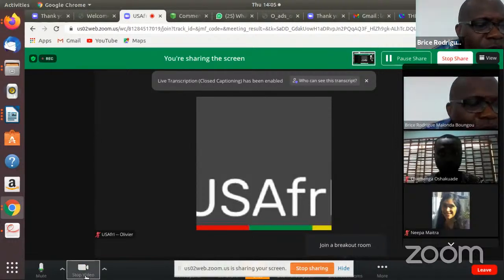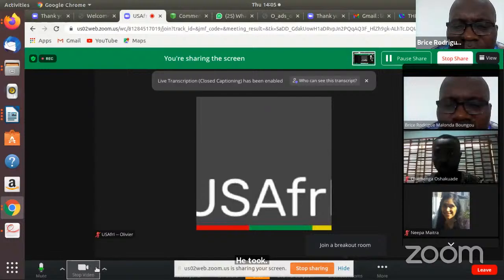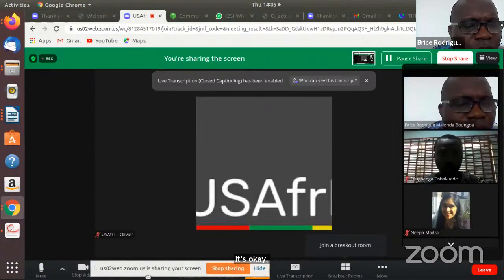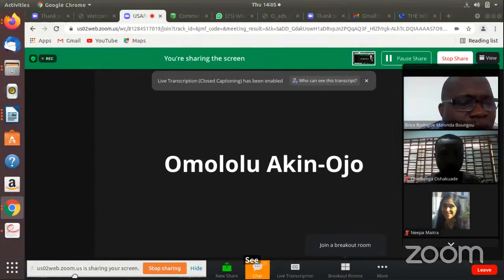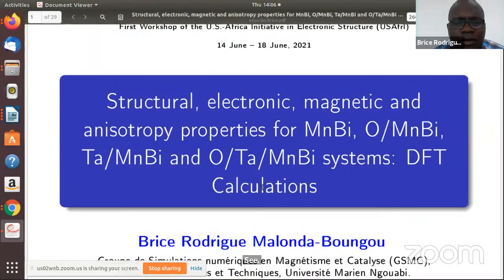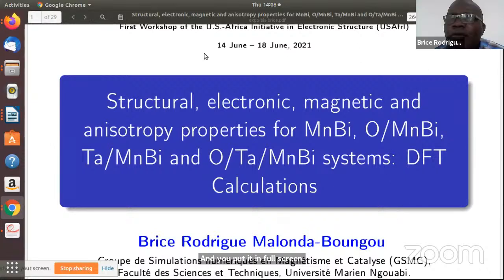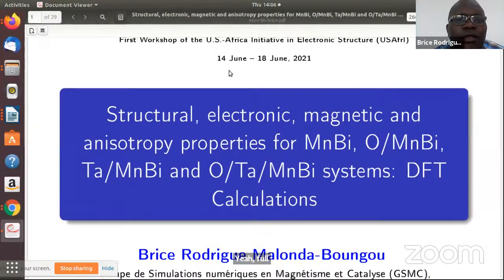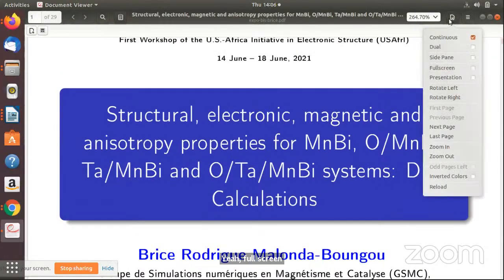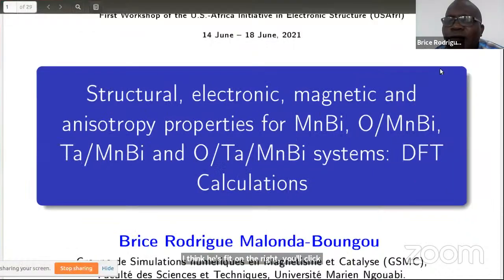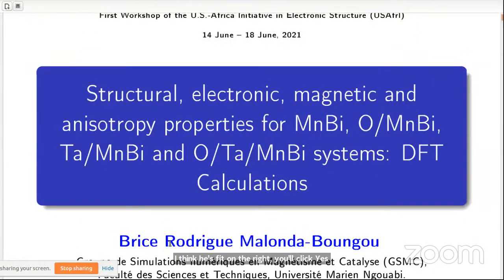It's okay. Let me see. No, now you're sharing your browser. You should share your main screen. Okay, good. Can you put it in full screen? Full screen. I think it's F5 on the right. You click. Presentation mode.